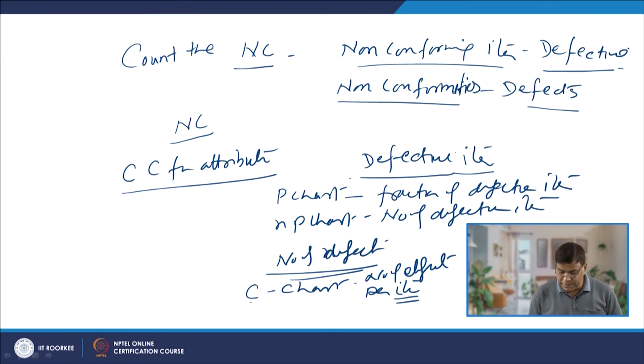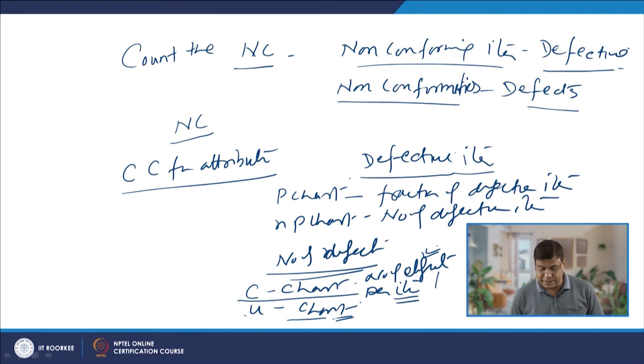When the sample size is changing and the number of defects is counted per item or per unit for variable sample size, then the U chart is developed. So, the C chart is for constant sample size and the U chart for variable sample size.